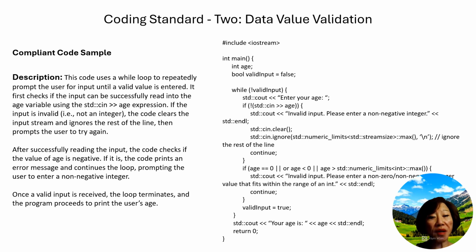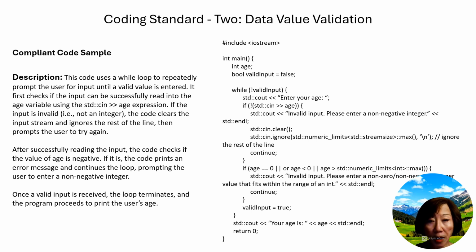If it's invalid, that is not zero and not an integer, the code clears the input stream and ignores the rest of the line, then prompts the user to try again.